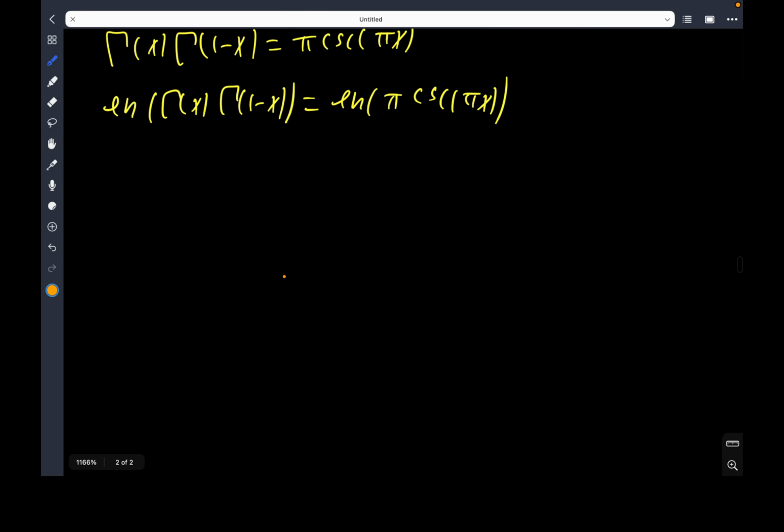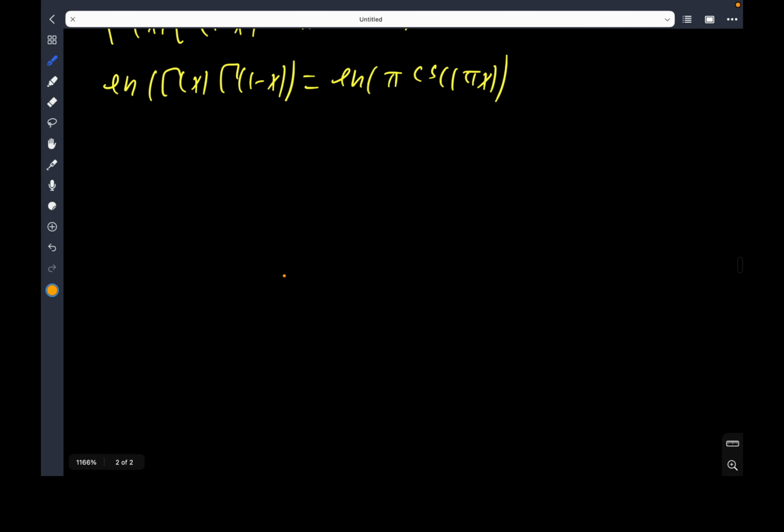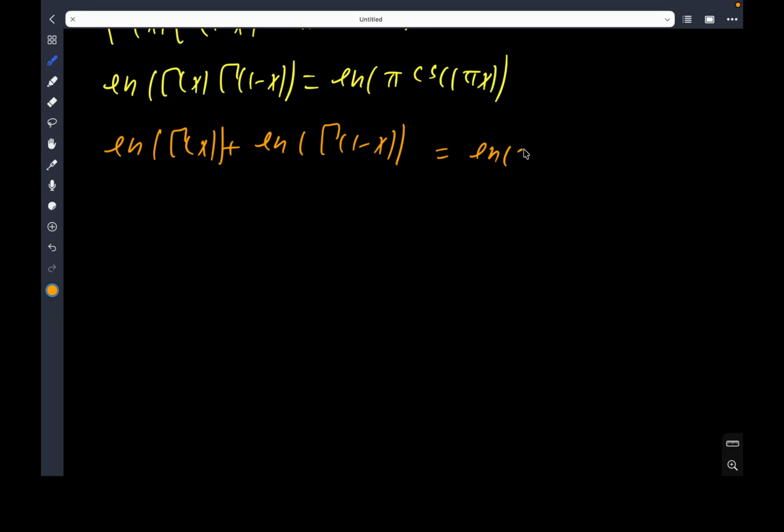Now, according to the properties of logarithms, if I have a product inside a logarithm, I can expand it: ln of gamma of x plus ln of gamma of 1 minus x is equal to ln of pi plus ln of 1 over sine of pi x.